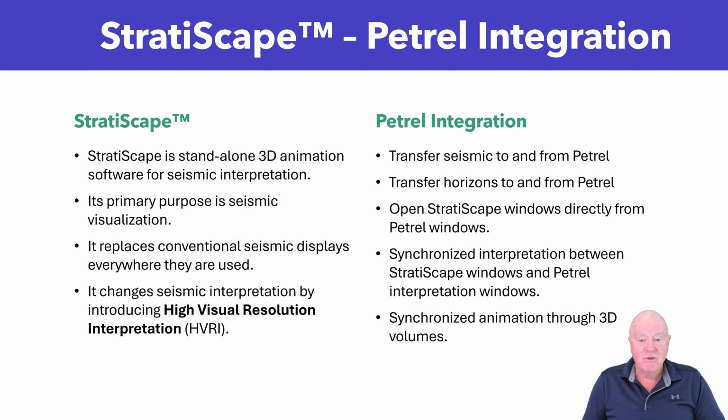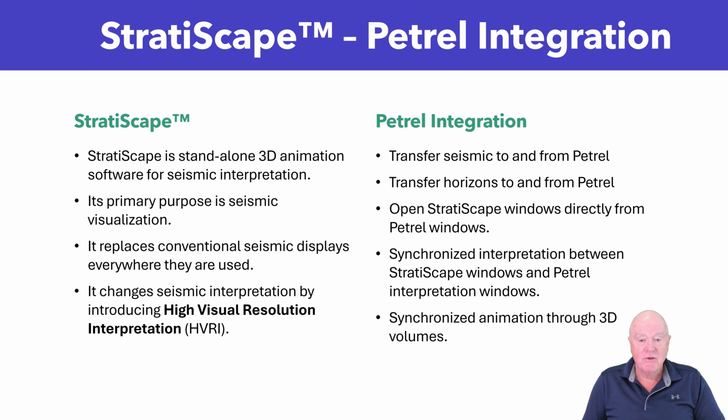StratiScape displays are a breakthrough technology because they solve the problem of how to visualize seismic data so that every subtle subsurface feature is easily visible. StratiScape displays are the theoretically correct way to look at seismic. They ground an interpretation with objective seismic knowledge, and they make all the seismic in the global seismic library worth looking at again.